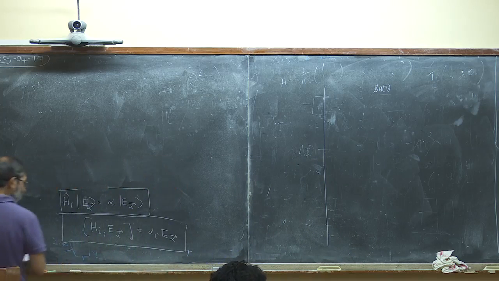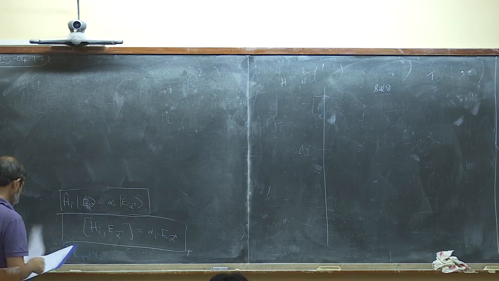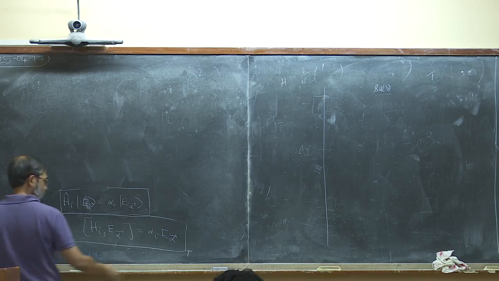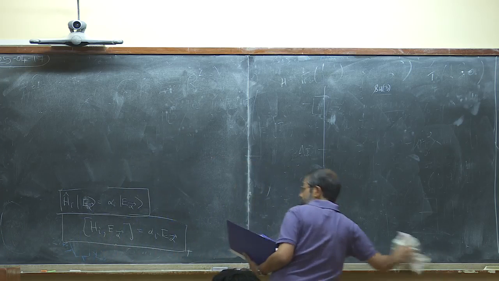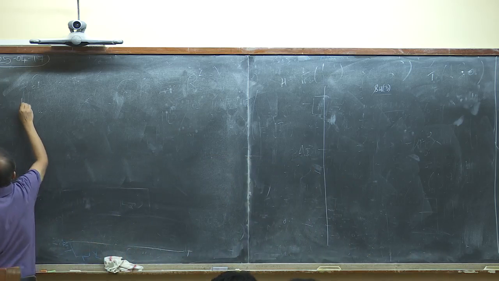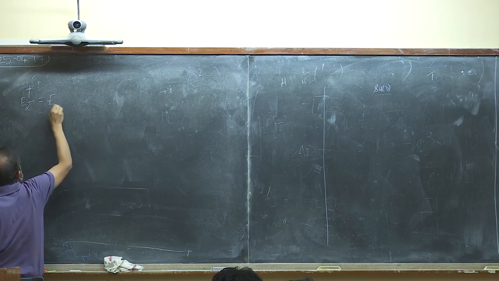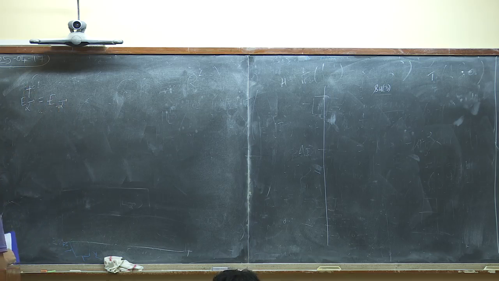So in the general theory, let me first prove a few general results. There's a series of results that I will prove. One is that E alpha dagger is E of minus alpha, and let me prove these things one by one.